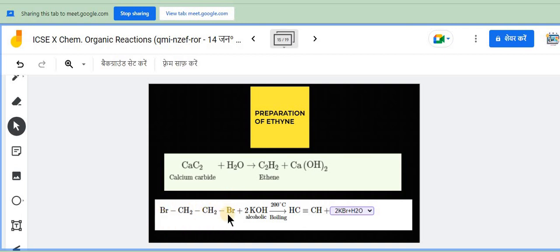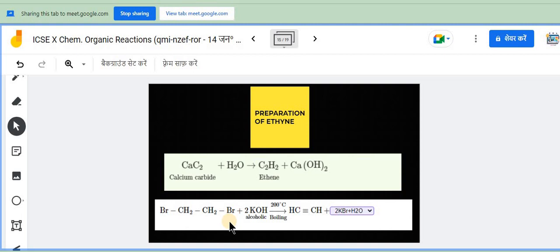Two halogens are there, therefore dihalide. It's also known as vicinal dihalide. Vicinal means the halogens are attached to two different carbons. Sometimes it may be written in the book as vic. There are two types of dihalides, vicinal and gem. So this is the vicinal dihalide.